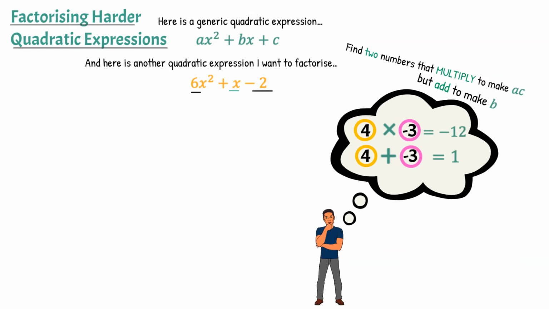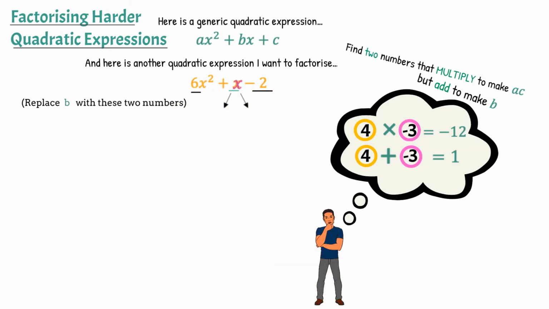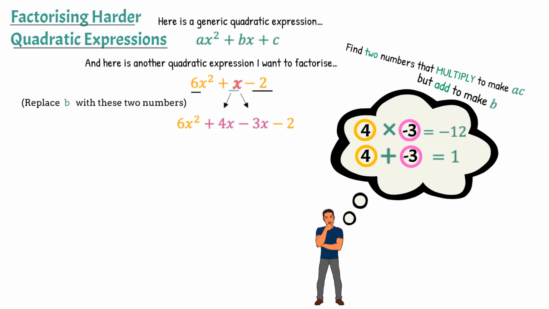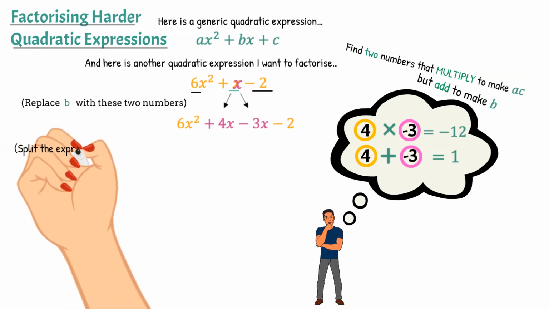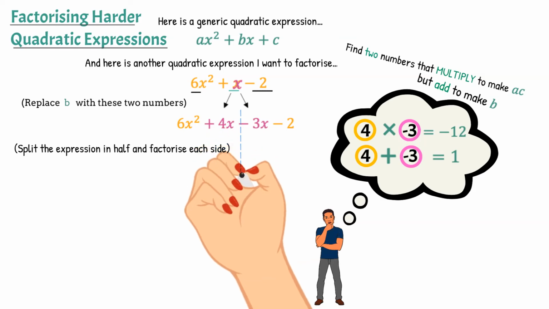So our next step is to replace b with these two numbers. So my x is going to become 4x minus 3x. It looks like this. Those middle terms can actually be placed in any order. This method will still work. So now I'm going to split my expression in half and factorize each side.